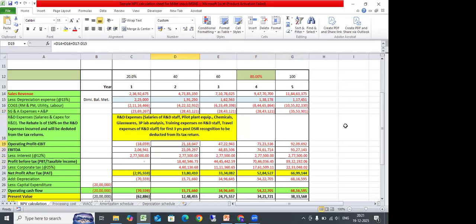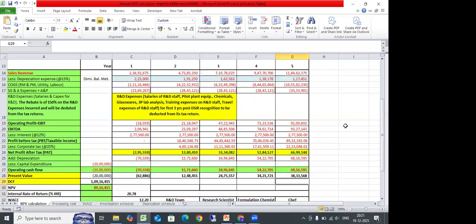Now, operating EBIT has increased accordingly year on year, and so has the profit after tax. Now I calculate the operating cash flow. How do I calculate it? To the profit after tax amount, I add back the depreciation, which I had earlier subtracted.